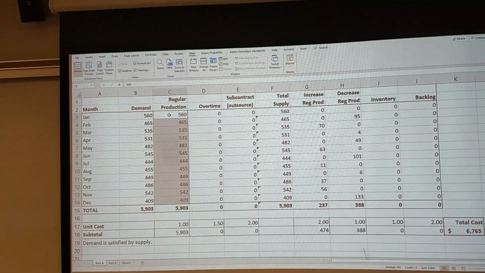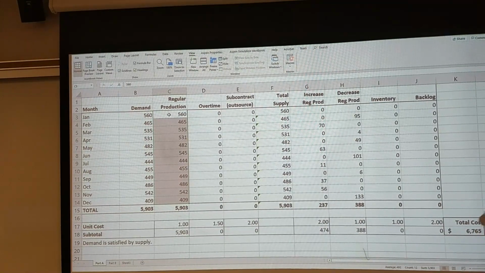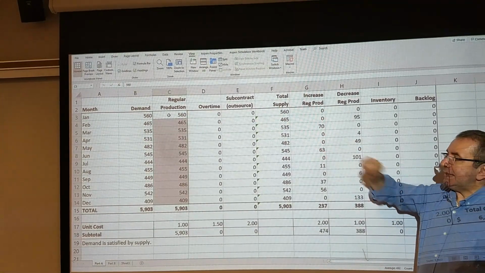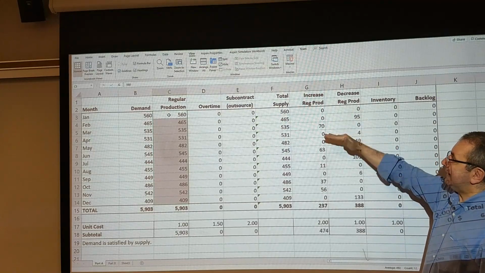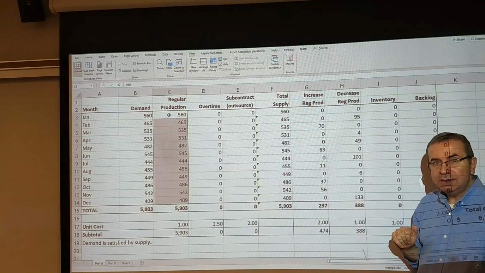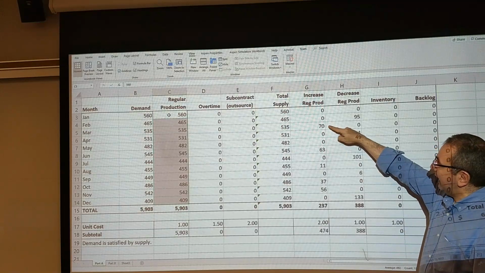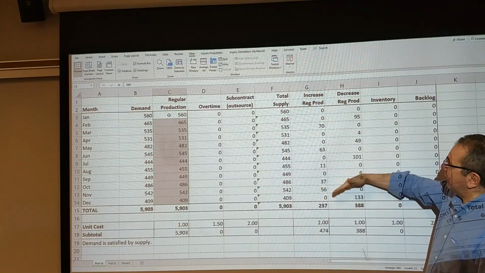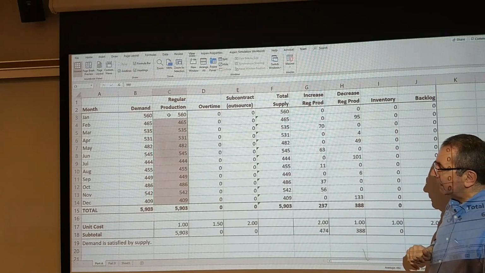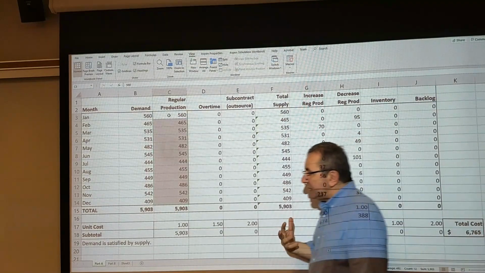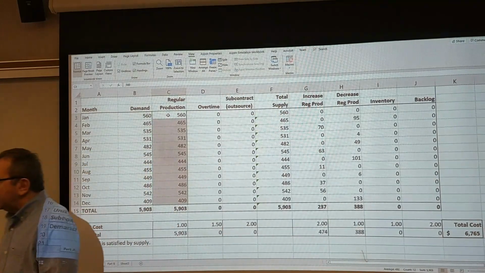Backlog, 0 backlog cost. However, since demand increases or decreases every month, I also have to increase and decrease production. So again, I have these amounts of increase of production and these amounts of decreased production.